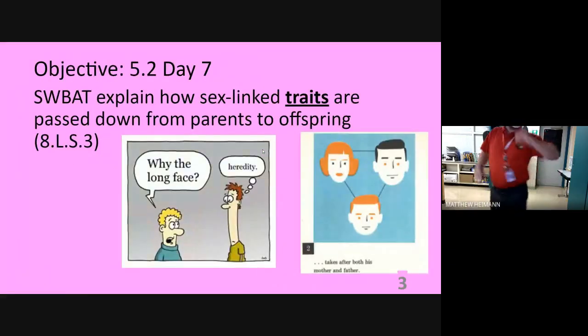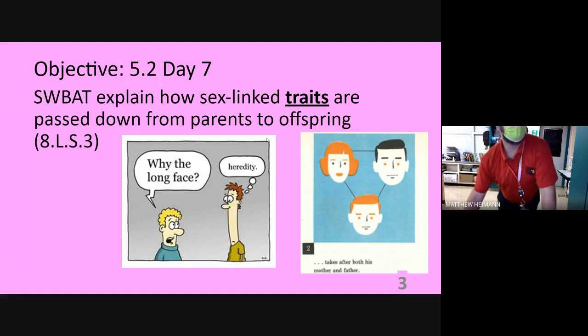All right, your objective is to explain how sex-linked traits are passed down from parents to offspring. Mom with red hair passes down the red hair. The dad with the straight eyebrows. And maybe he passes down the haircut too. Probably not.